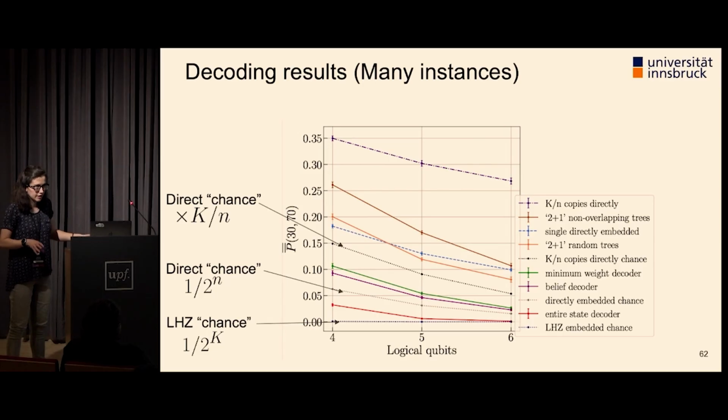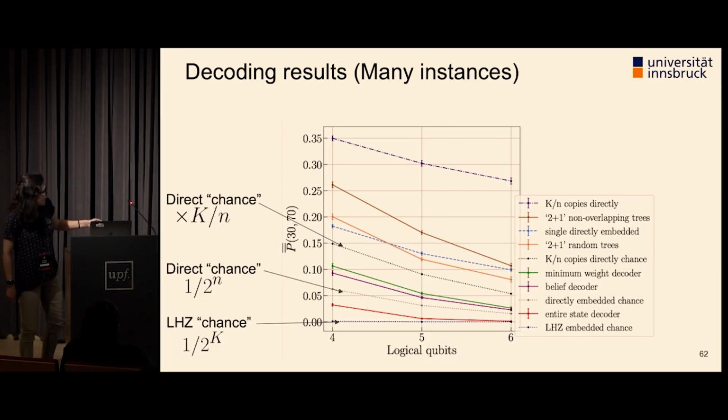If I just randomly had, so this is K, the number of physical qubits when you encode using the LHZ embedding, the random chance of finding the correct ground state on this number of qubits. Thankfully, as a sanity check, you can see that even the entire state decoding does slightly better than random chance, so the quantum walk is actually doing something.